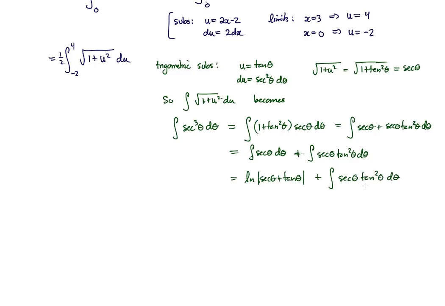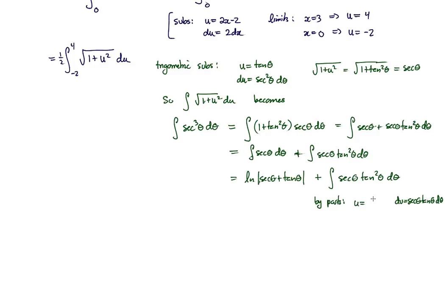Well, I know how to integrate secant tangent. So it seems that I've got an extra tangent here that I'm having trouble figuring out what to do with. So maybe let's try it by parts and see what happens. And I'll take dv to be the part I know how to integrate.